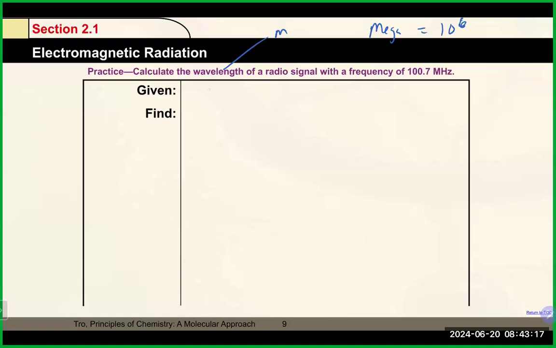Okay, so once again, we are looking for our wavelength here in meters. We are given a frequency of 100.7 megahertz. A reminder again that 1 hertz is the same as a reciprocal second, which means we just need to get that to hertz, and that would then be in the proper units, reciprocal seconds. So we'll do that up front.